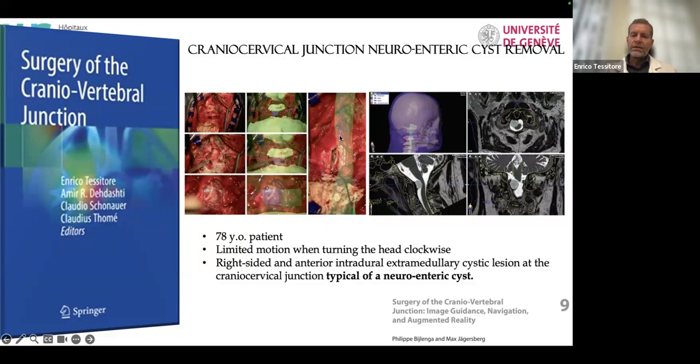And you might see the correspondence between the yellow spinal cord, which is injected into the microscope, and the true spinal cord after resection of the neurenteric cyst. This was done, of course, after labeling, after the automated segmentation the day before of the tumor itself in blue, the spinal cord in yellow, and the vertebral arteries in red.